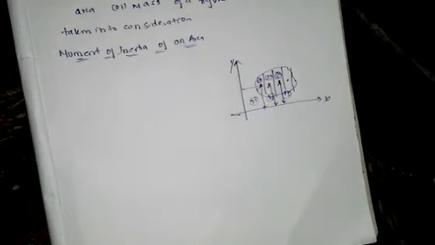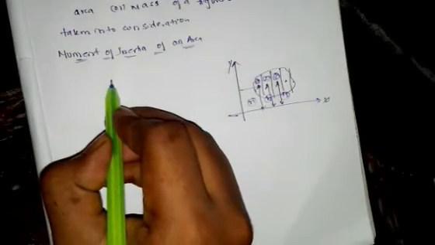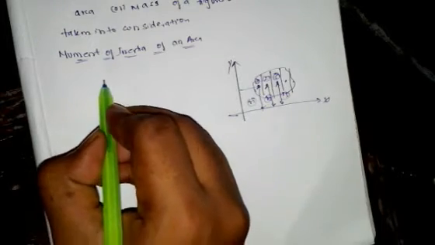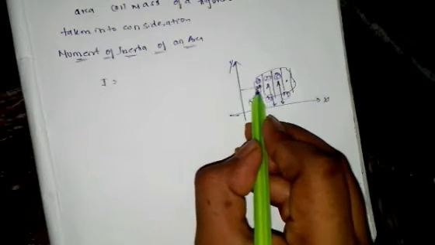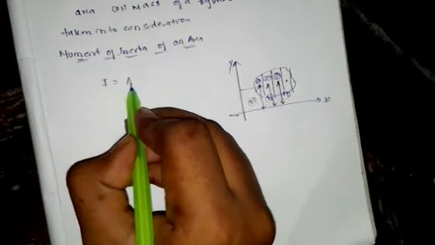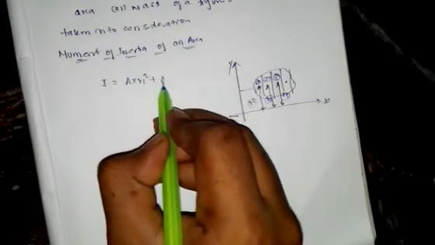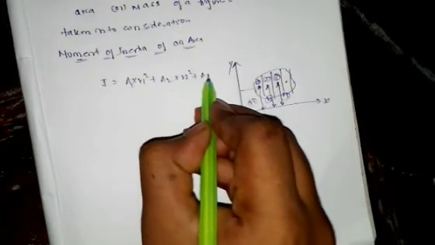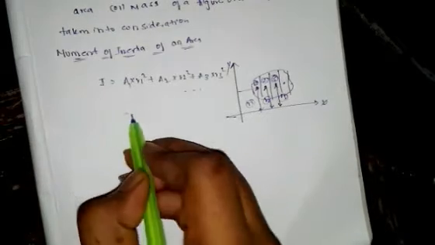So we know that the moment of inertia of a body is area into distance square. Now the moment of inertia I is equal to the area of the first part, a1 into r1 square, plus the area of the second part a2 into r2 square, plus the area of the third one a3 into r3 square, and so on.